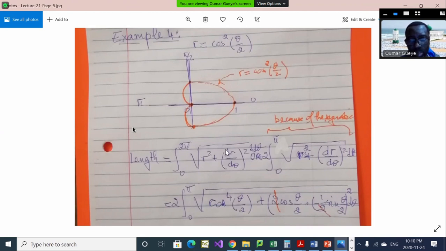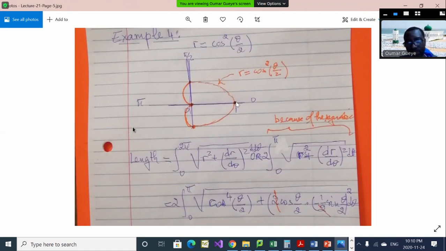You can use this one, integrating from 0 to 2 pi, or you can say you don't need it because the curve is symmetric with respect to the horizontal axis. So it means the portion of the curve above the horizontal axis is exactly equal to the portion below. So it's going to be enough to calculate one of the two portions and multiply. And that's what I said here.